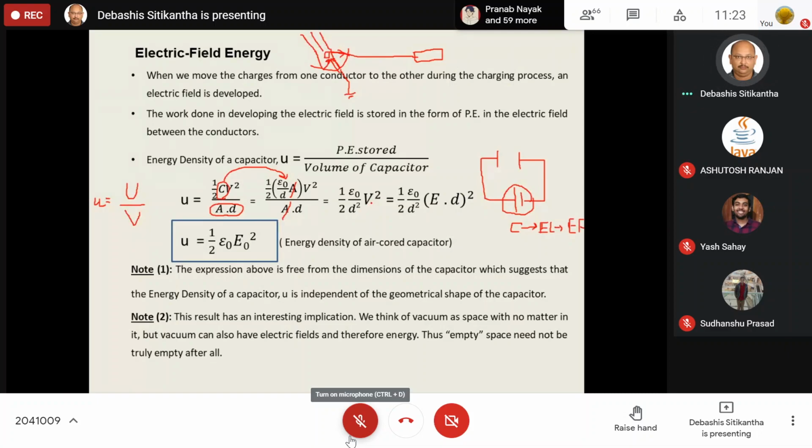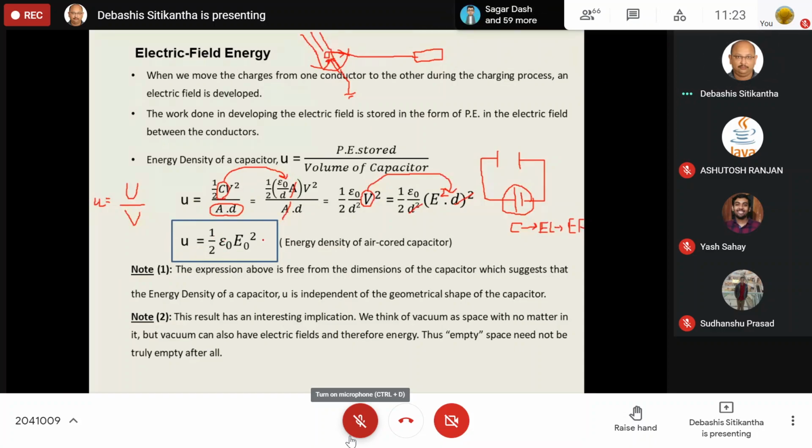Another interesting thing is that V is equal to the electric field into the distance between the two conductors, so I replace V by E D. Now this D square also cancels because D is not equal to 0. Ultimately, the energy density of a parallel plate capacitor is given by half epsilon 0 E0 square.